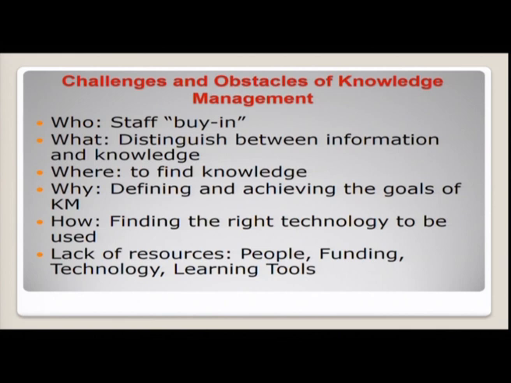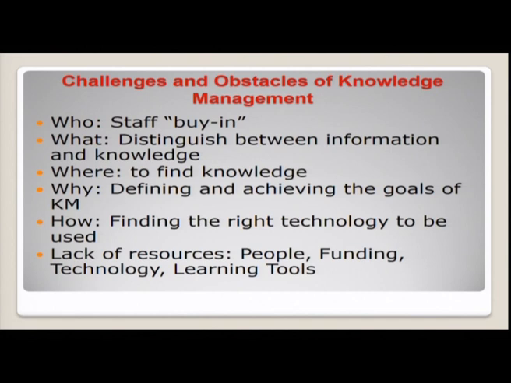You call it information. And knowledge, we were talking about this knowledge from the very beginning of this session. So, the difference between information and knowledge speaks about the what part, the challenges in knowledge management.